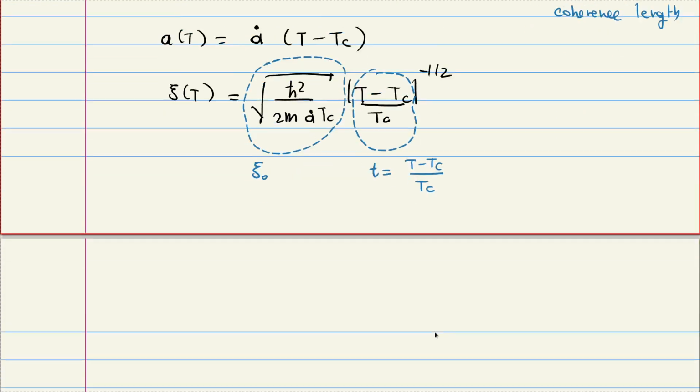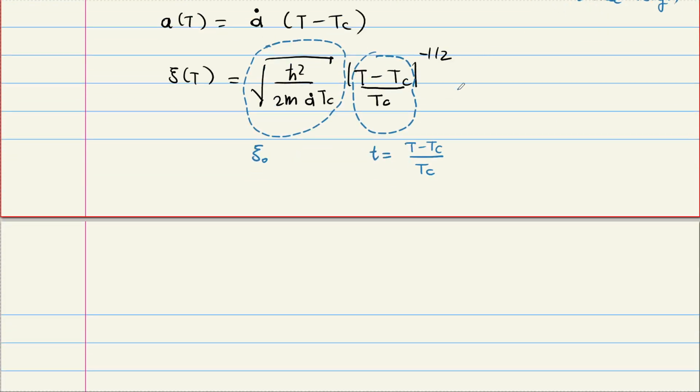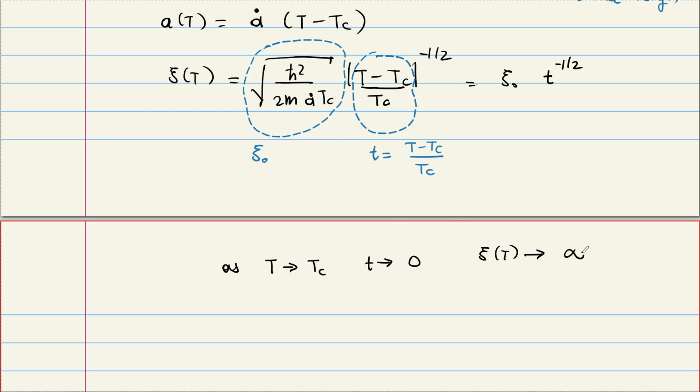What we are seeing from here is that psi is equal to psi naught times little t to the minus a half. So as T goes to Tc, this reduced temperature goes to 0, and psi of t blows up, right? Diverges. This is typical of second order phase transitions.